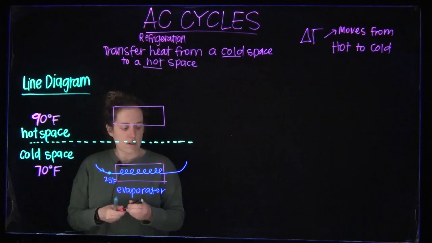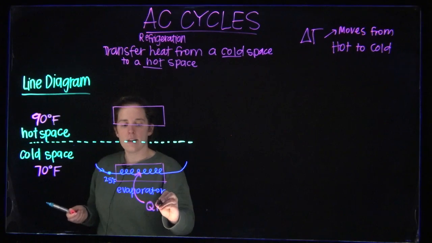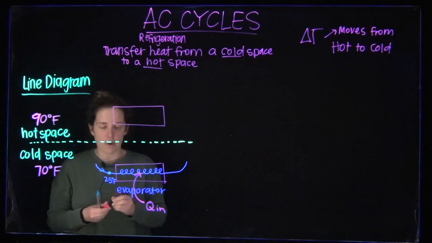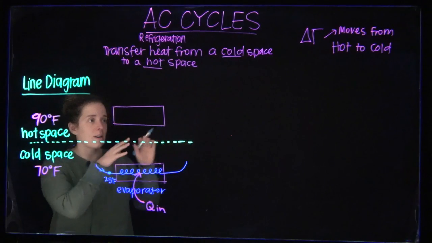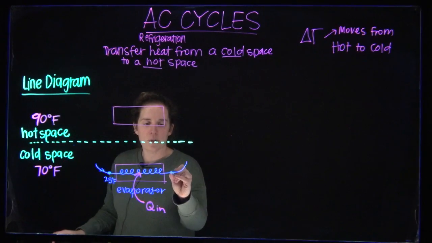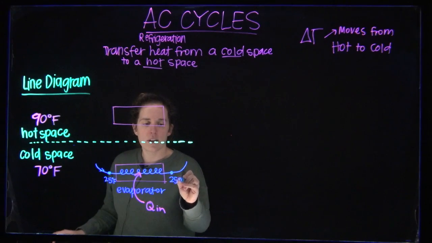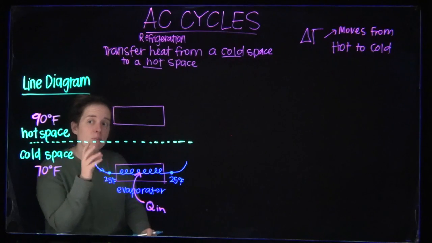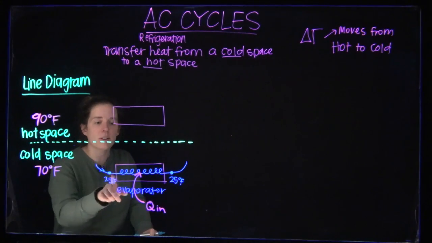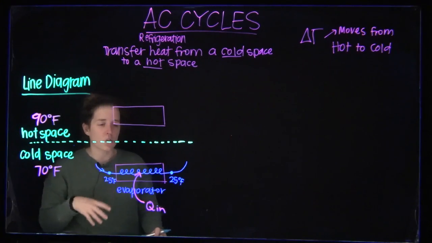So you are going to get Q in to this evaporator. And we'll show it on a TS diagram in just a second, but not much temperature change happens to this working fluid during the evaporation process because we're going through a phase change. You are evaporating a liquid into a vapor, so the temperature change isn't much.